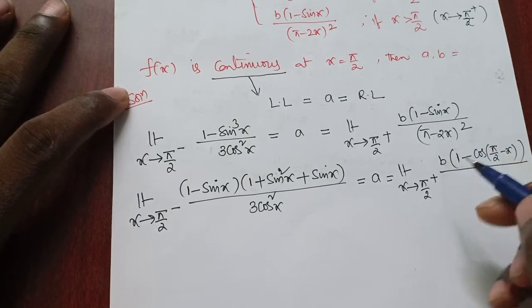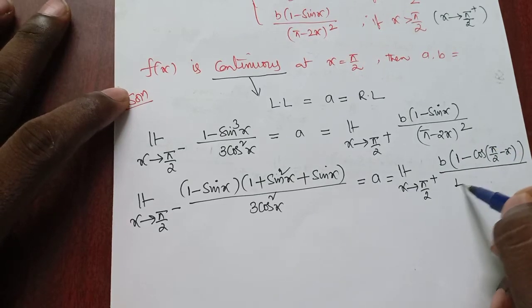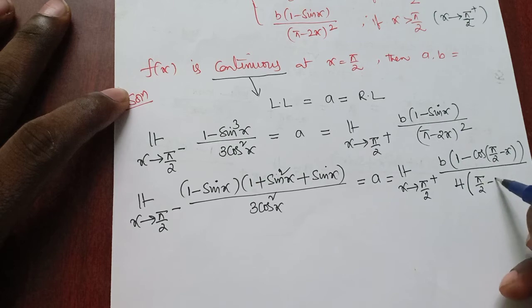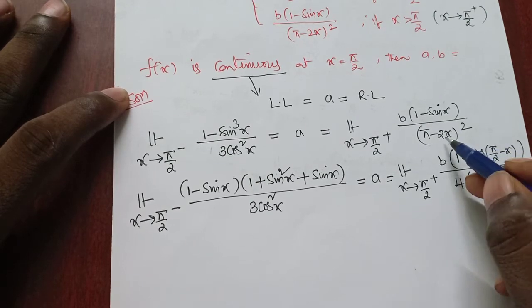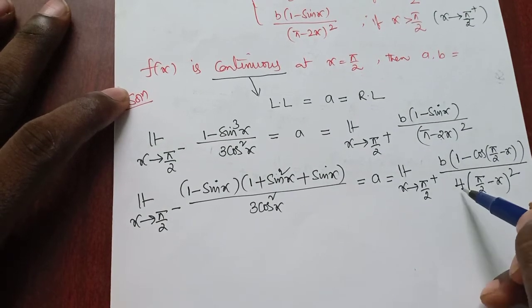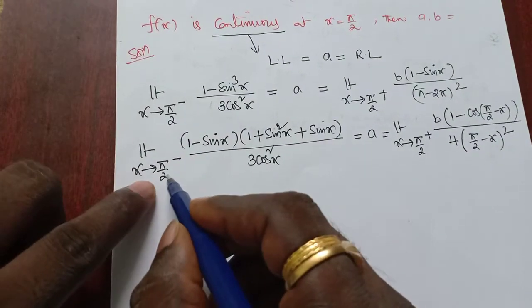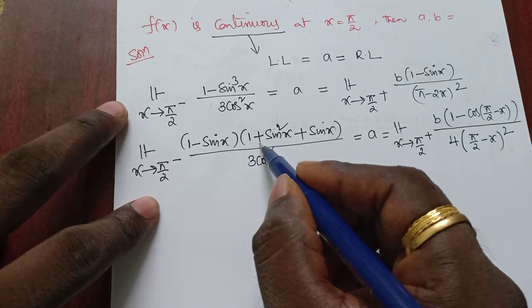If you take 2 common, we will get 4 outside, into (pi by 2 minus x) whole square. Why? Because if you take 2 common, 2 square is 4. Okay, now substitute pi by 2 here.